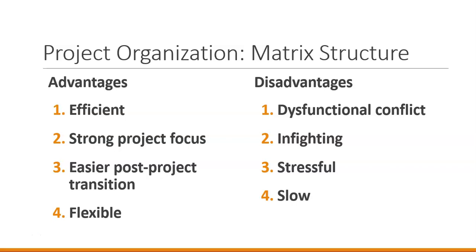Disadvantages, however, are that we can have conflict between the functional manager and the project manager. We also have conflict between employees, which can cause stress and infighting among the employees and departments. And how do I decide which boss I'm answering to today? If I have two bosses that have control over my daily tasks, which one am I going to answer to?